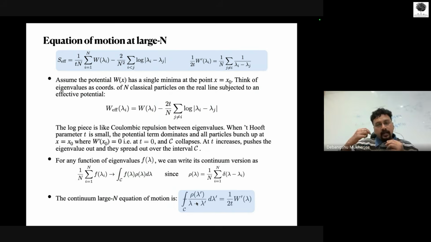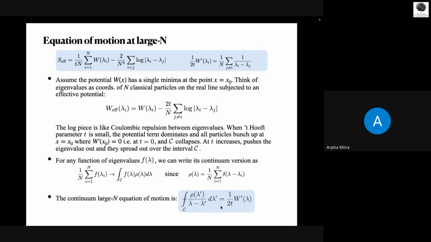So you had a bunch of discrete sums over lambdas. Because you want to go to the continuum limit, you trade off lambda with a smooth function rho of lambda. And once you go to the continuum limit, you say this is the equation I'm now going to work with. Lambda are some parameters now in my theory. What I'm really interested in is how these lambdas are distributed. So rho is now the hero of your story, not lambda anymore.